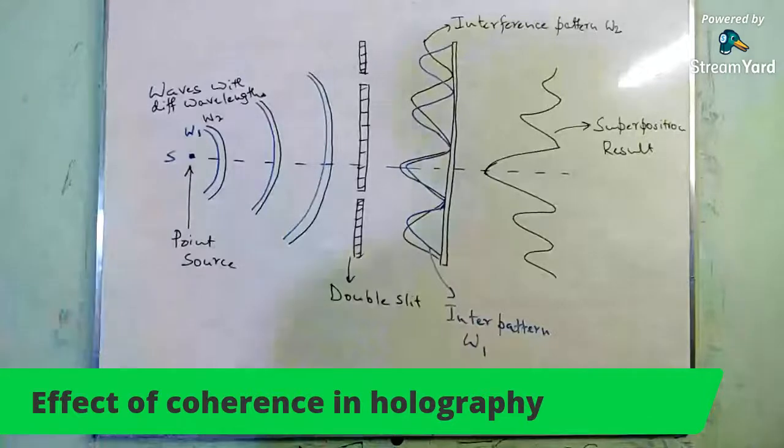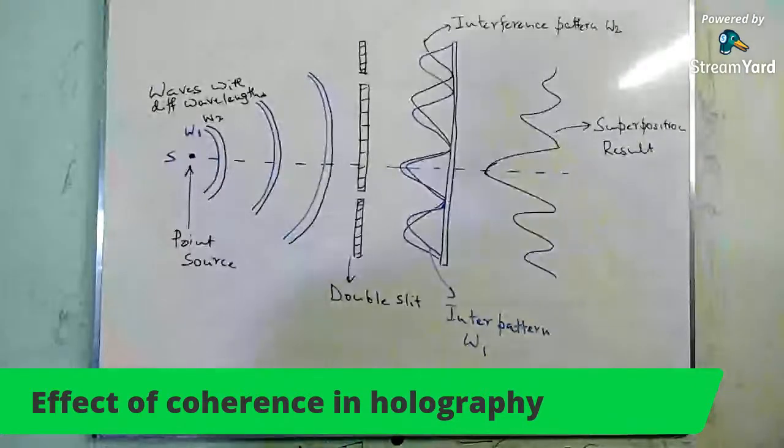So here we consider a point source. Again, I am repeating that here we consider a point source emitting waves of different wavelengths. Now for the wave W1, it will form an interference pattern on the observation plane. And for the second wave, W2, with a longer wavelength, the corresponding interference pattern will have a longer peak to peak distance.